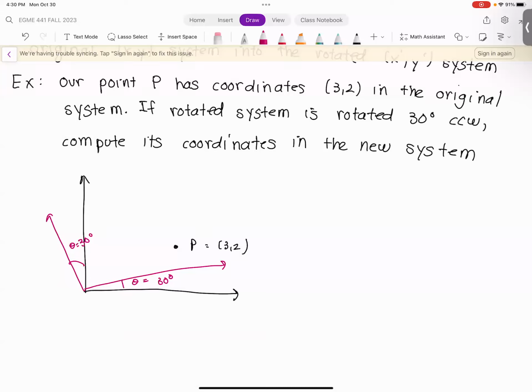So what are its x prime and y prime locations? That's visually what we're doing.